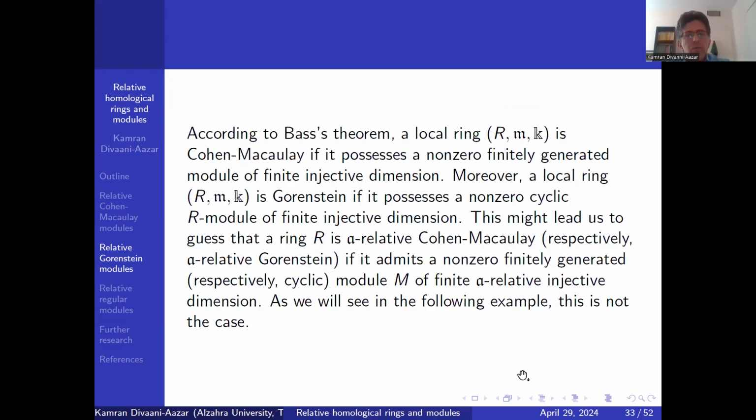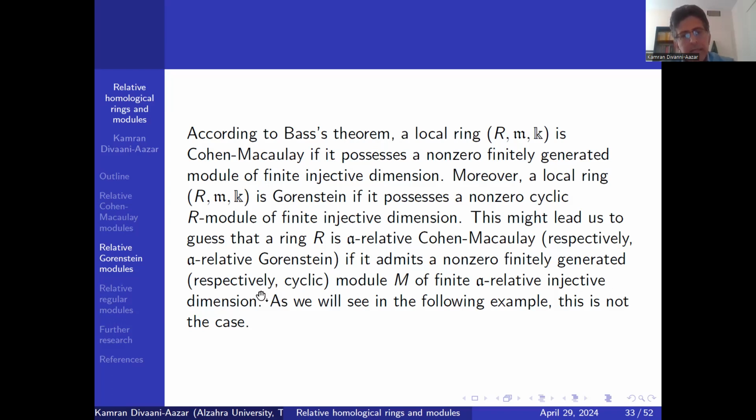There are two classical theorems in commutative algebra. One of them is due to Bass. It is a characterization of Cohen-Macaulay local rings. It says that a local ring R is Cohen-Macaulay if and only if R admits a non-zero finitely generated R-module with finite injective dimension.